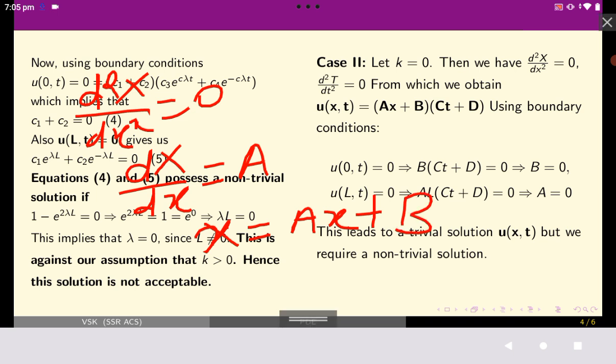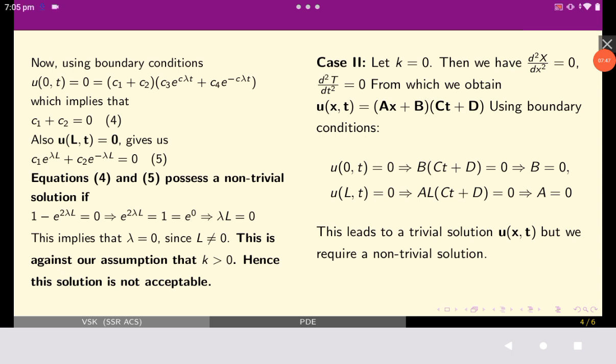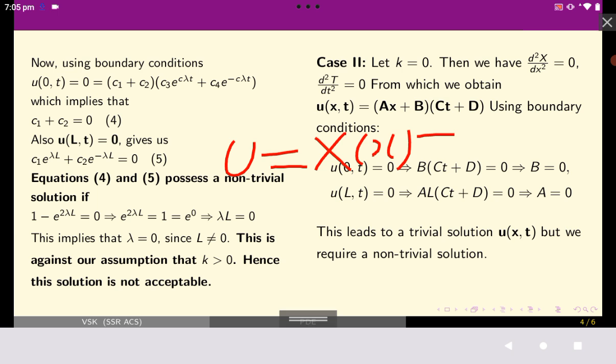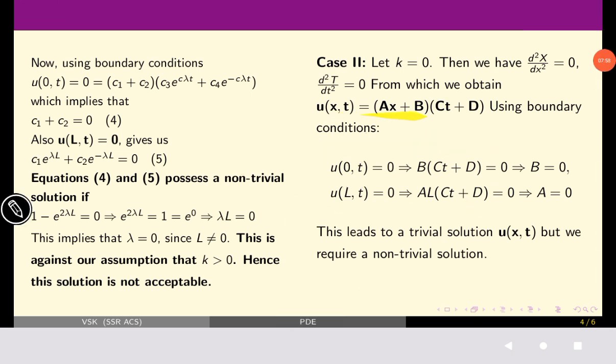So this is the solution for this equation, and for the other equation we'll find this solution, and as u is equal to the product of X and T, we have got this solution in this case.